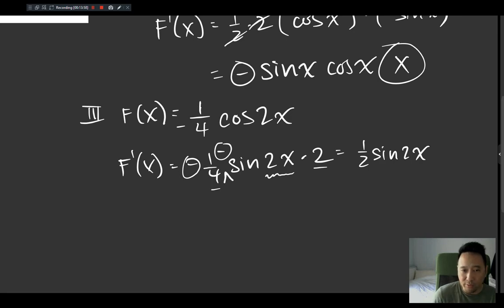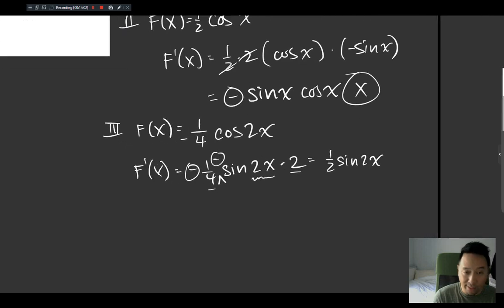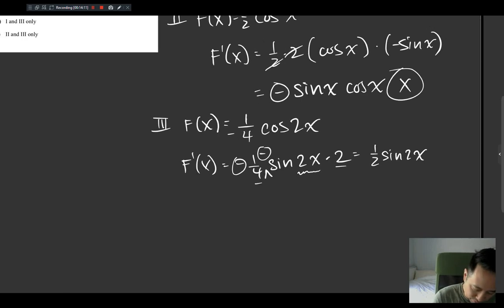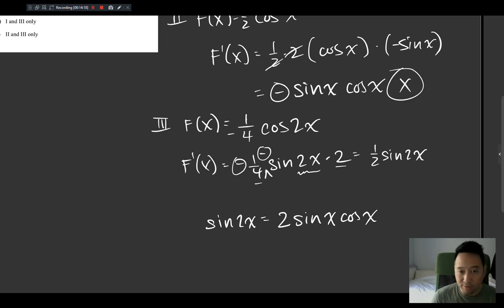Right, 1/2 sine 2x. Now, unfortunately, if you don't know your math analysis formulas, you're going to think, hey, that doesn't equal sine x cosine of x. But if you remember from math analysis, sine of 2x equals 2 sine x cosine of x.